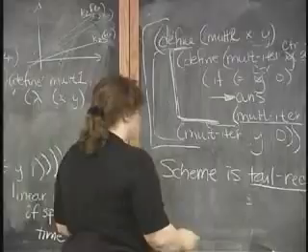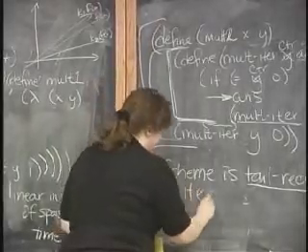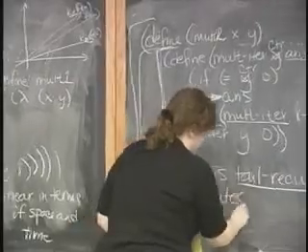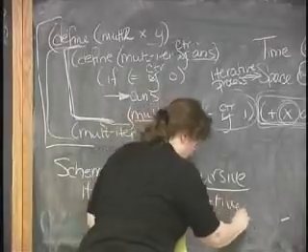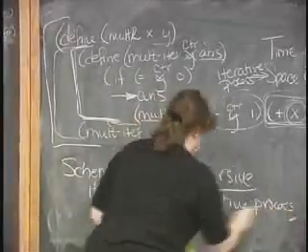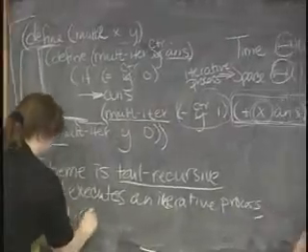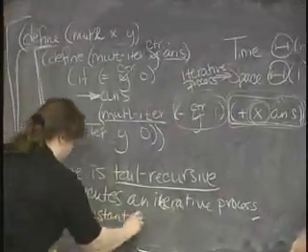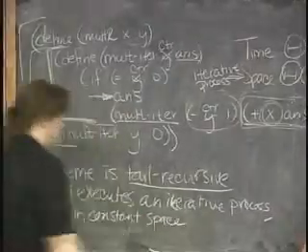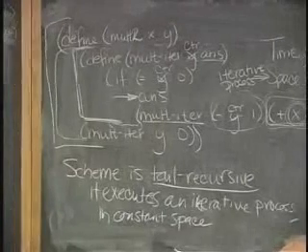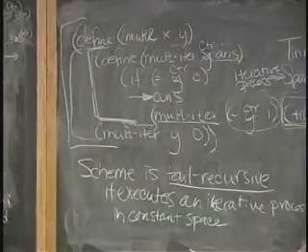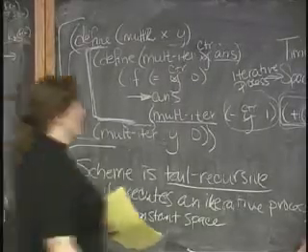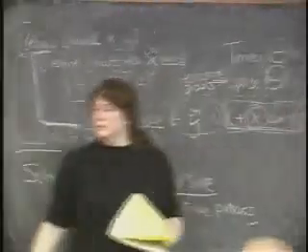There we go. So, tail recursive means that it executes an iterative process in constant space. Meaning that it doesn't keep stuff around from those calls. It doesn't build up stuff on the stack for every single procedure call. Once it's done with this procedure call, if there's nothing hanging around, it's gone. Unlike C or Pascal, where things stick around.